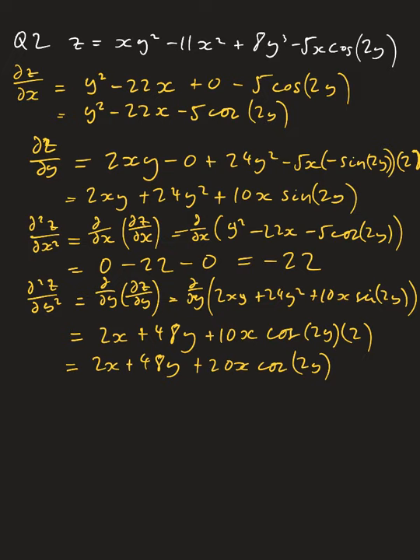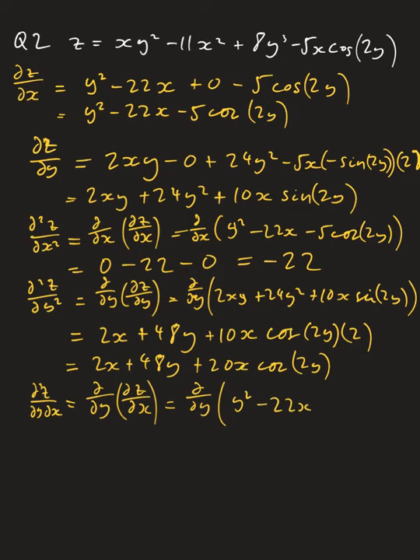And there's one more partial derivative to get. The one I will get is ∂²z/∂y∂x. That's the derivative with respect to y of ∂z/∂x. This is the mixed second derivative. So ∂z/∂x from above is equal to y squared minus 22x minus 5 times the cosine of 2y.